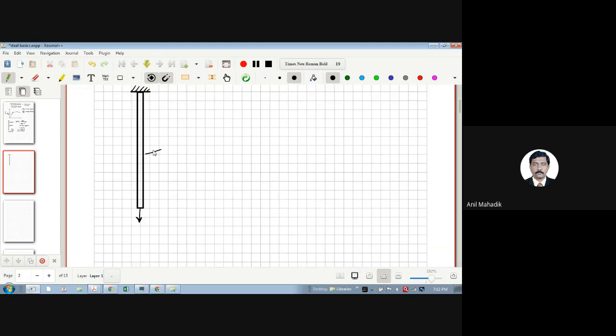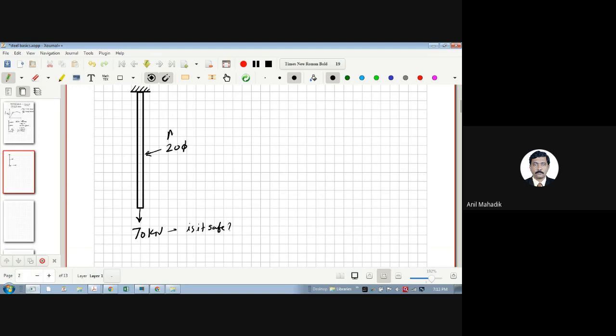The diameter of this rod is 20 mm, and the force applied is 70 kilonewton. So if the force is 70 kilonewton and the rod diameter is this much, is it safe? That is our question.